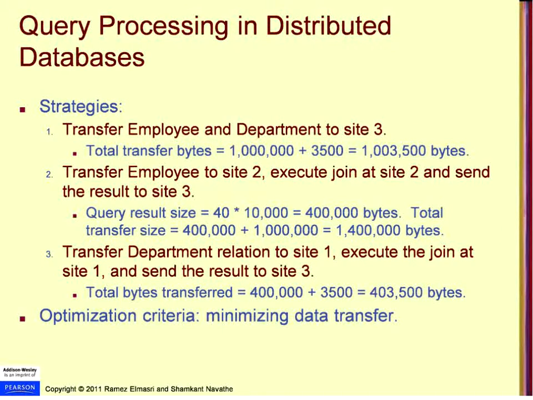Now there are multiple strategies to perform this task. The first strategy is to transfer the complete employee relation and the complete department relation to site 3. How many bytes will we transfer in total? Total 10 raised to 6 plus 3500 bytes.